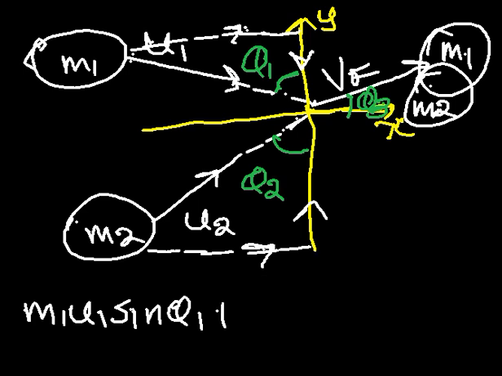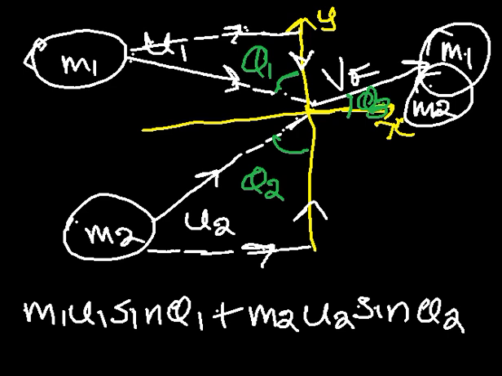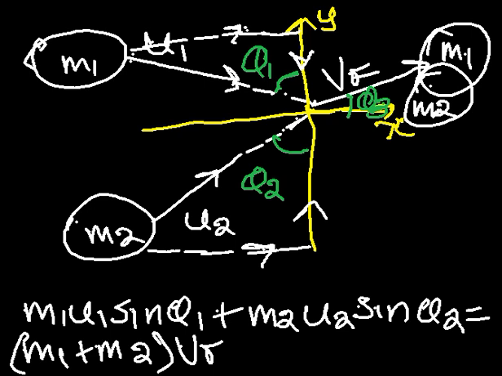So we'll have plus m2 u2 times sine of angle theta 2, because the angle is against the vertical, and this is equal to, since the objects are colliding inelastically, meaning they stick together after they collide, object 1 plus object 2 times vf, so it should be this.